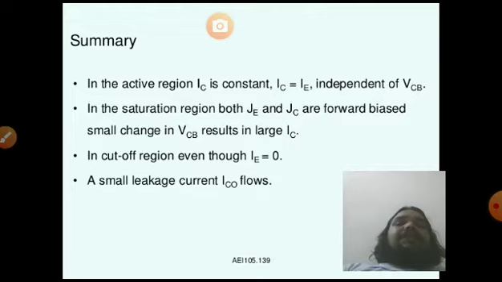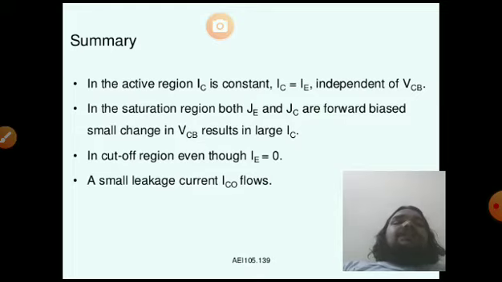Summary. In the active region, IC is constant. IC is equal to IE, independent of VCB. In the saturation region, both JE and JC are forward biased.